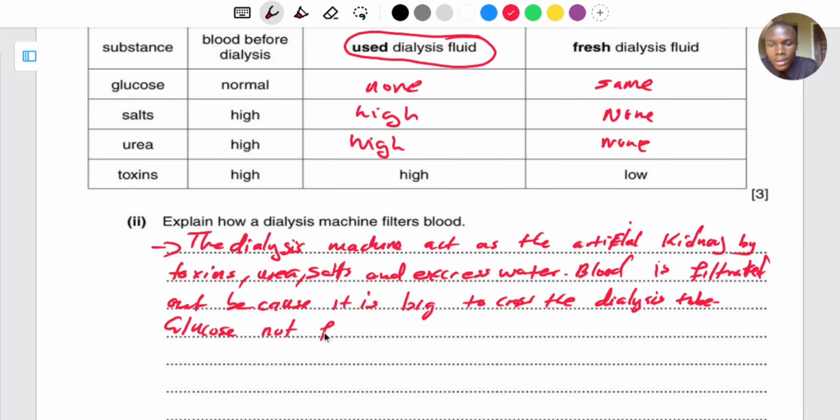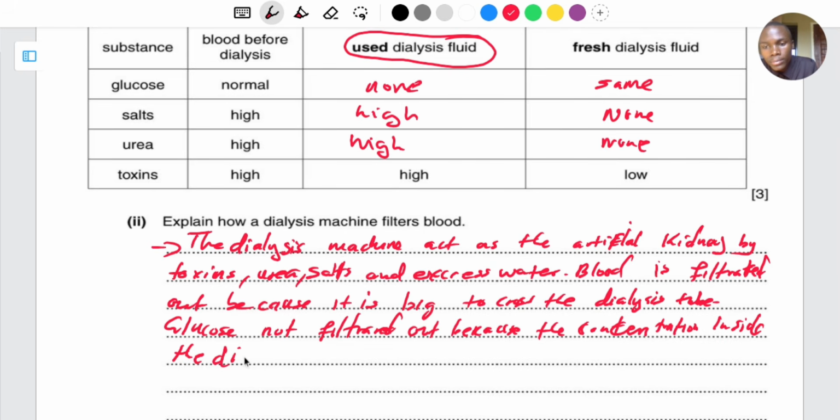Out. Because the concentration inside the dialysis tube is the same as the solution outside.